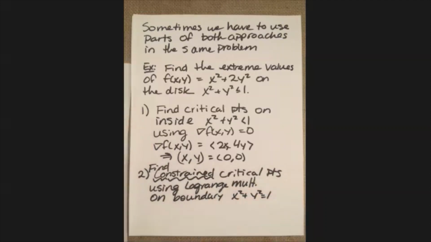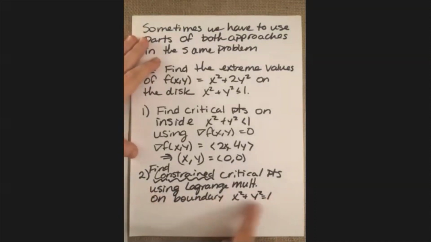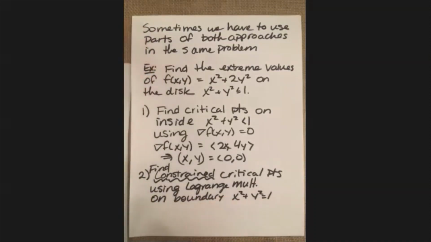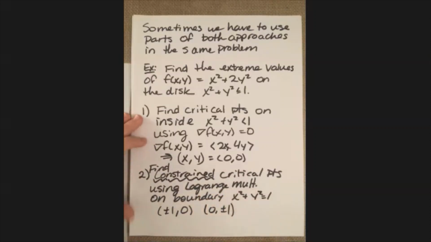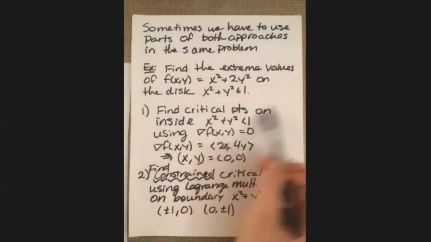So in this setup right here, we now have the really typical setup for the Lagrange multipliers. So you just apply Lagrange multipliers for that. We actually already did that, and we have plus or minus 1, 0, and 0, plus or minus 1 as being our critical points from that. Okay, so these are all the critical points that we're going to be able to find on the disk.